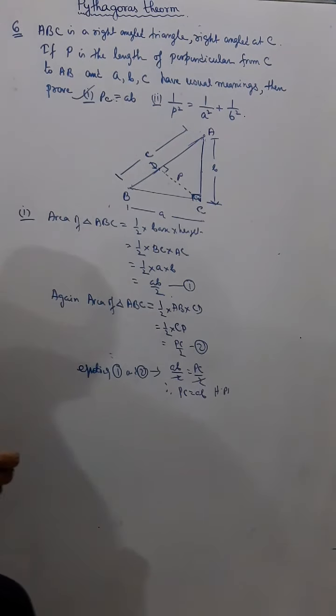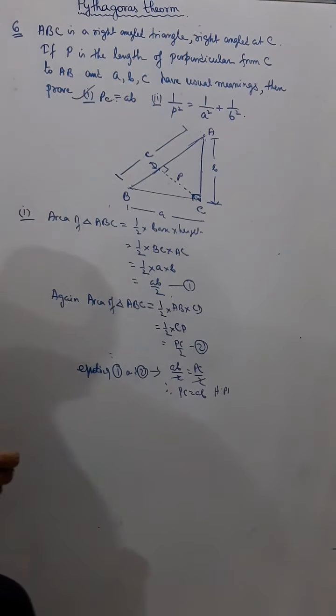Now for number 2, we can use Pythagoras theorem. We can say that c square is equal to a square plus b square. That's Pythagoras theorem. But you can see whatever you have to prove, there c is missing. We have only p, a and b, and here what we have? p is missing.